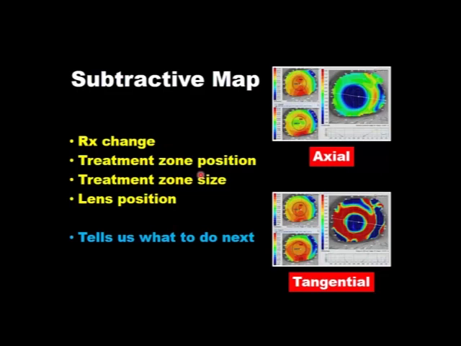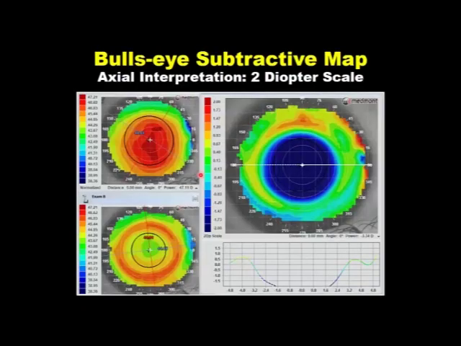If there's something wrong, it aids us in determining what to do next. So let's pull up a subtraction map where we have pre-ortho-K topography, then we select post-ortho-K topography, and with the subtractive, also known as a difference or comparison map, we see how the eye has changed.